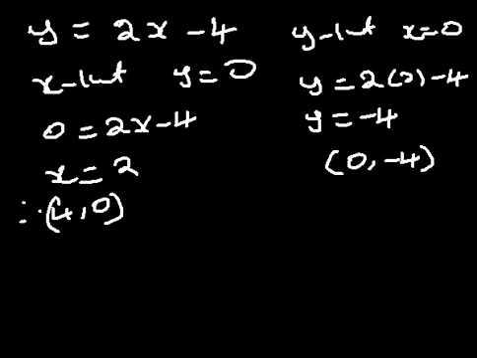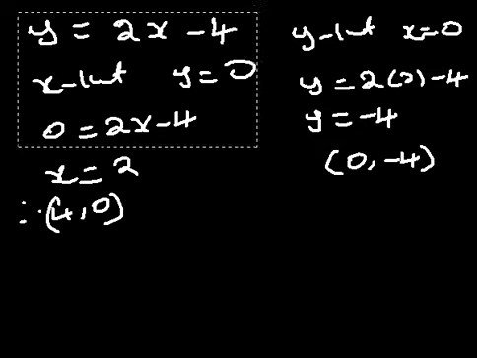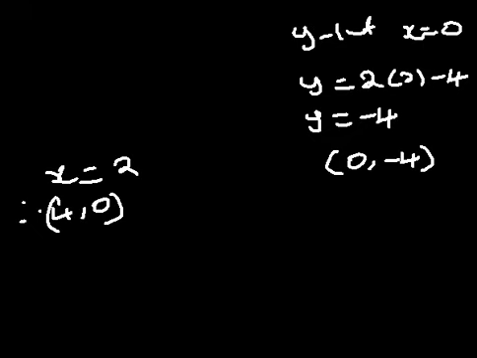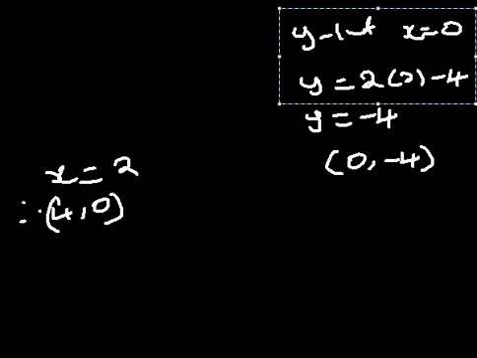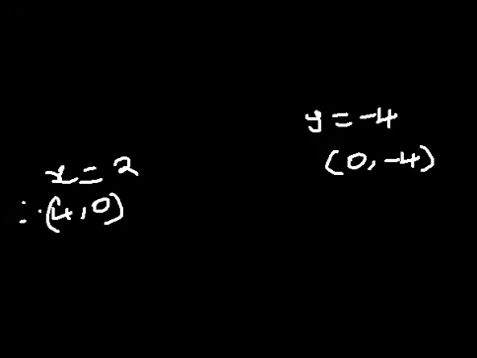So these are the intercepts of the equation of a straight line. So now let's think of having the straight line connecting the two points. The best way to sketch the graph of a straight line is just to identify the intercepts.